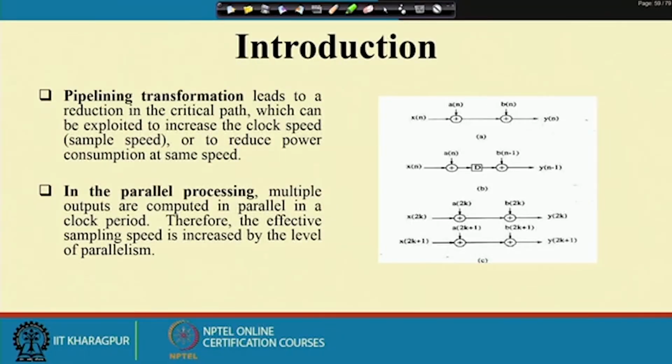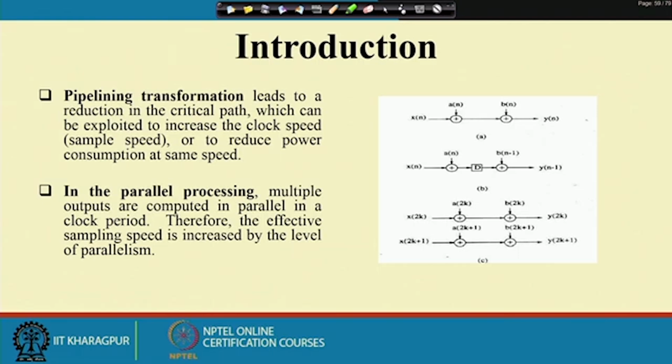But my requirement for the critical time is lesser than what I achieve after this optimization. At that time I have to follow the pipelining technique, which can reduce the critical path, increasing the clock speed or the sampling speed, and apart from that it also reduces the power.